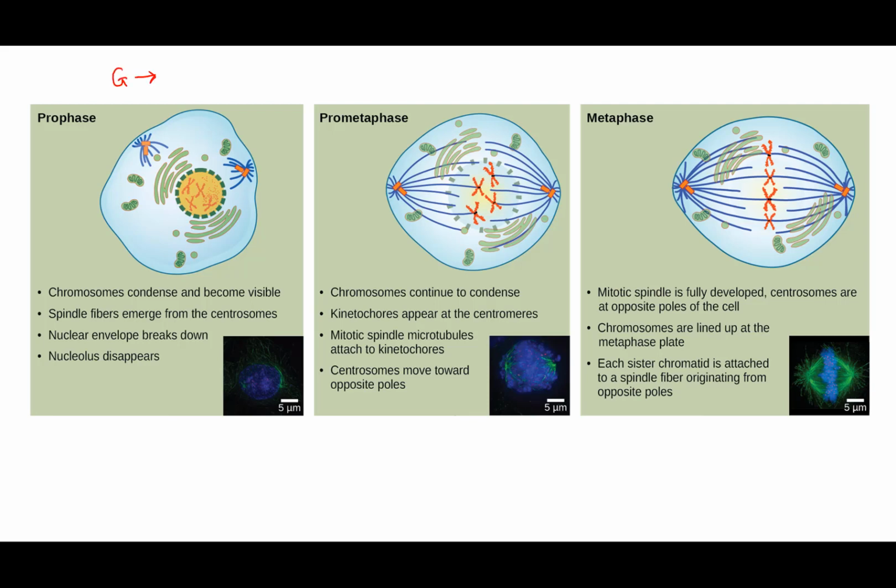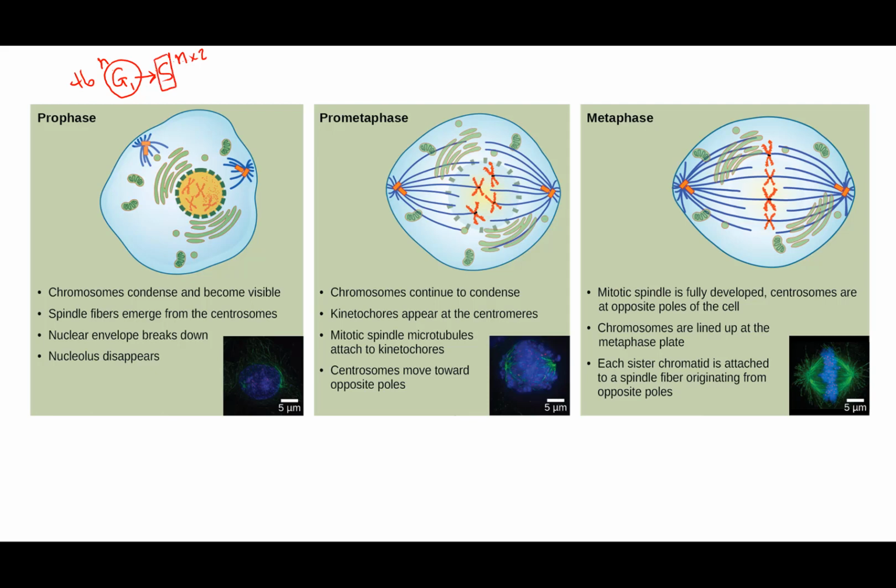Now, when we look at cells that are ready to divide, when cells have gone from G1 and then they've gone to the S phase, and we know that the S phase, if we have n amount of chromosomes at G1, then at S phase we will have n times 2 the amount of chromosomes, right? So we had, say, 23, so we have a total of 46 chromosomes for human cells at G1.